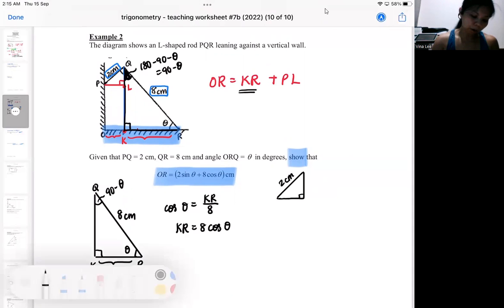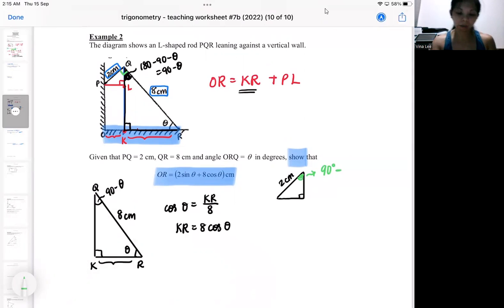Remember, originally you cut the 90-degree. So this angle was a part of the original 90, and then you subtract the 90 minus theta. If you do that, you get the theta here. So this part is actually the theta.